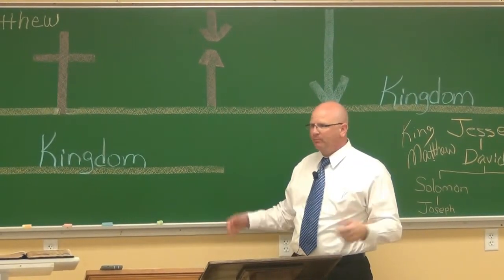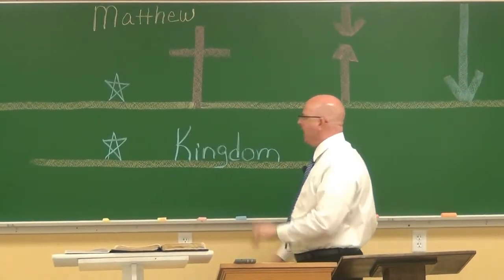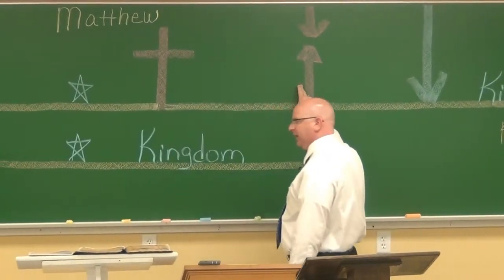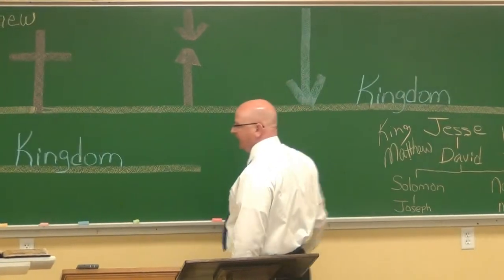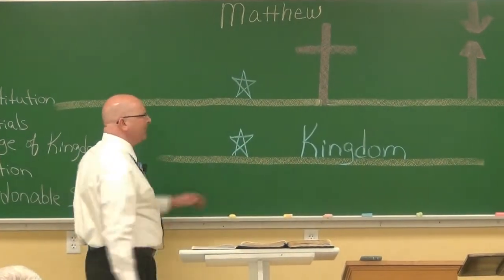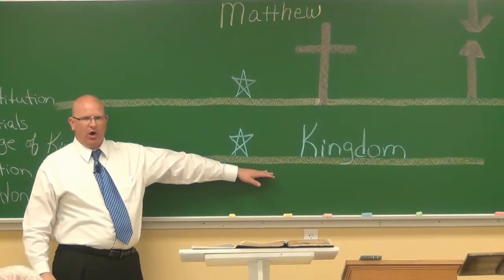That's what we know. Matthew, when he's writing Matthew, he has no idea of a cross. He don't know about a rapture. He don't know anything about none of this. The bottom line, and this is going to be important, the bottom line is how we're going to view this thing when we start.